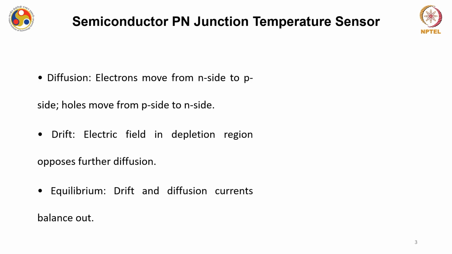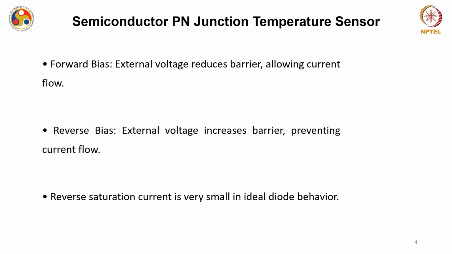While there can be drift currents also, where the electric field in the depletion region opposes any further diffusion, and current has a natural movement, the drift current. Then there can be an equilibrium condition when drift and diffusion currents balance each other out.